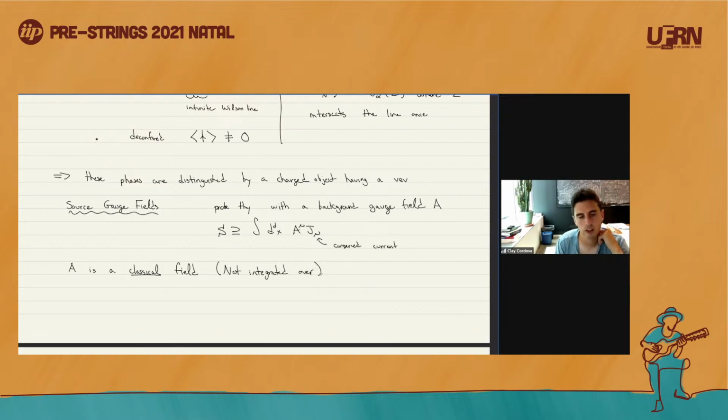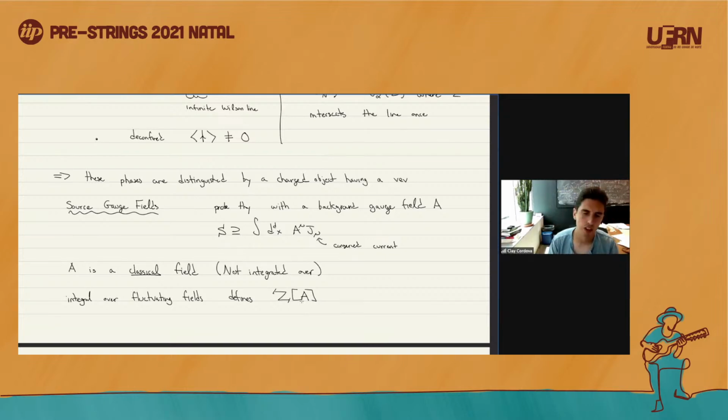By contrast, saying that A is a quantum field would mean that it is something that I have integrated over. Of course, the path integral over the actual fluctuating fields defines a partition function, and it's a function of A, this background source.